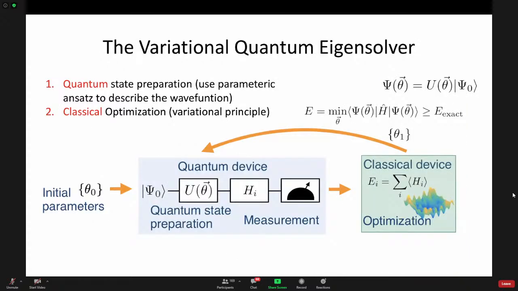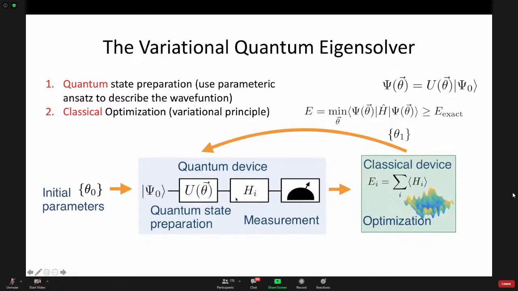So I'm going to review the variational quantum eigensolver, VQE, once again. First, we prepare a quantum state on a quantum computer, this part, and we optimize this parameter on a classical computer using classical optimization. So we prepare the state using the ansatz, the UCCSD ansatz I've just shown, on a quantum computer, and we run it.